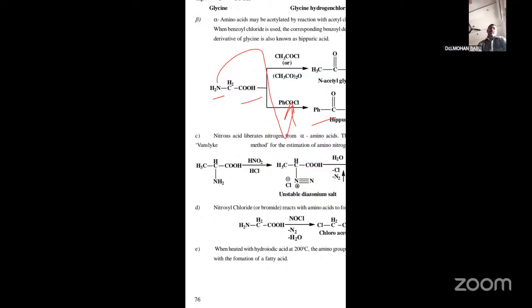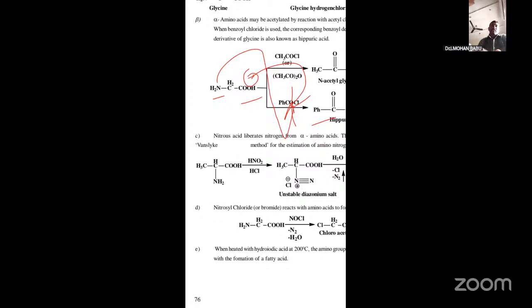And one more possibility is there where the COO minus is also acting as a nucleophile and attacks at this carbonyl center. Then you will get the ester compound, so some side product is forming.